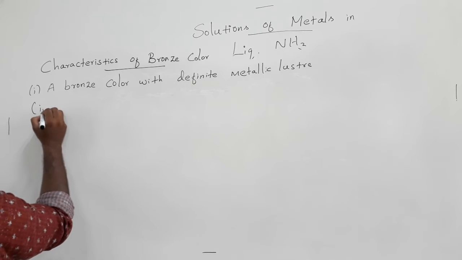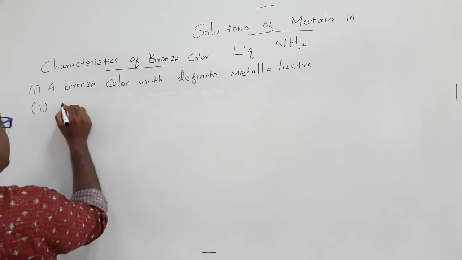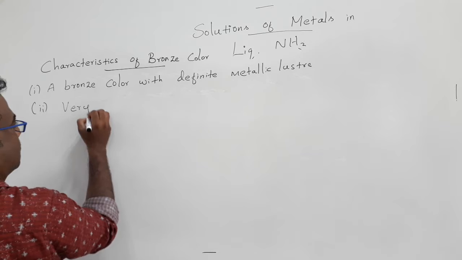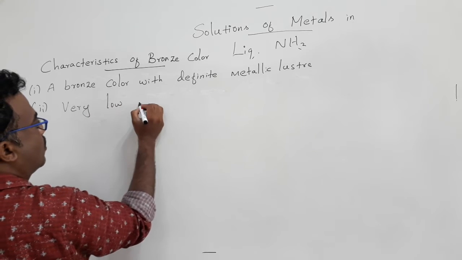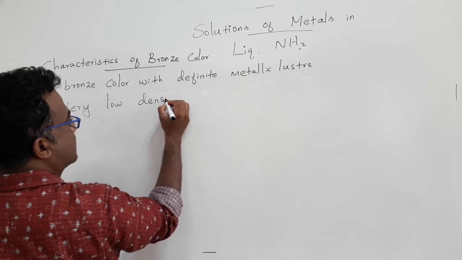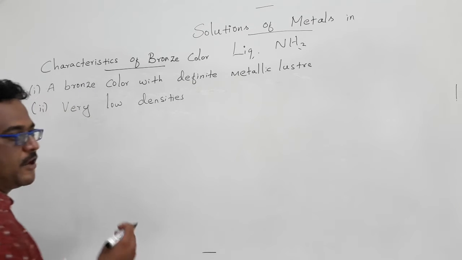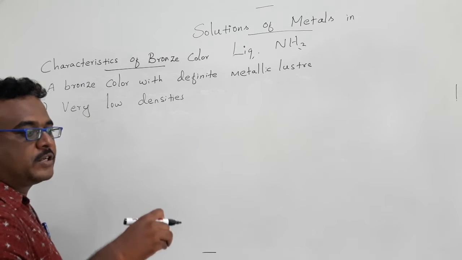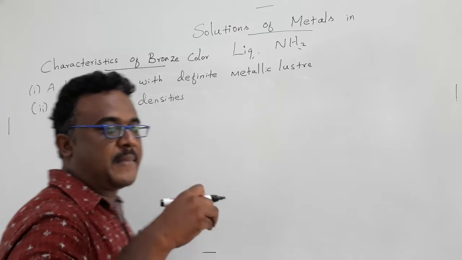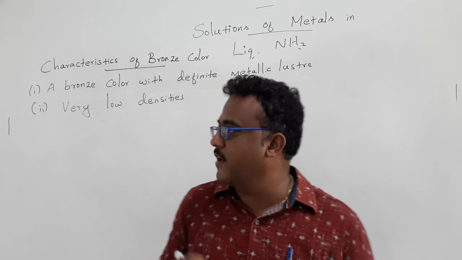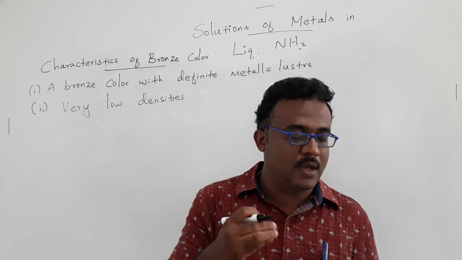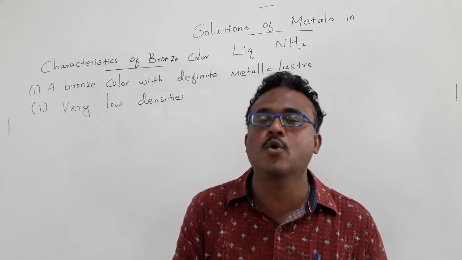Second one, very low densities. Densities keep on decreasing when you add more amount of metal to liquid ammonia, more amount of metal to the blue color solution.